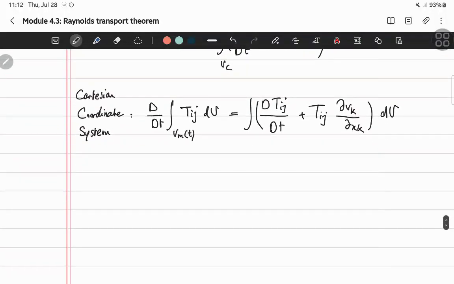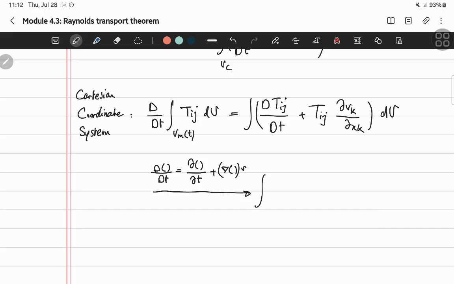We're going to use the equation that I already mentioned: the material derivative of a tensor is equal to the partial derivative of that tensor plus the gradient of that tensor times v.